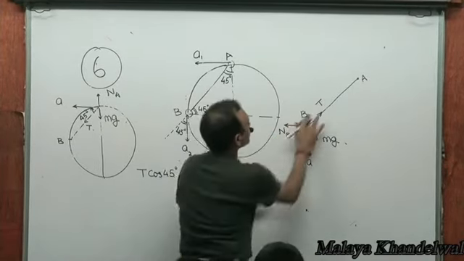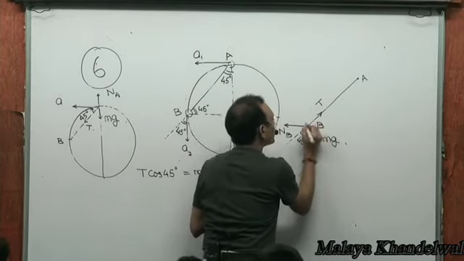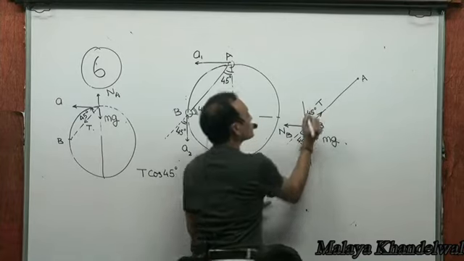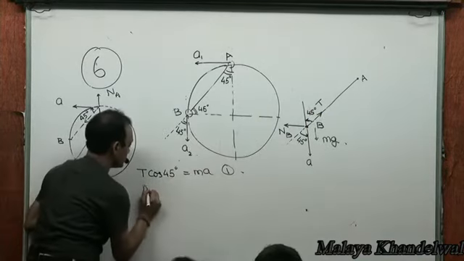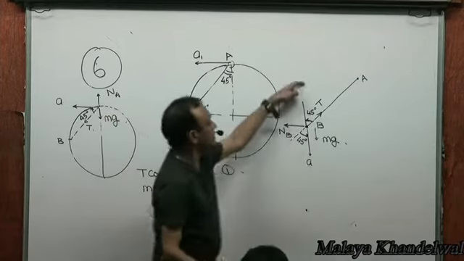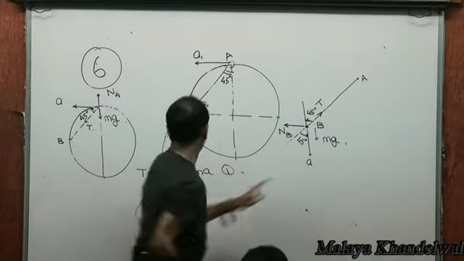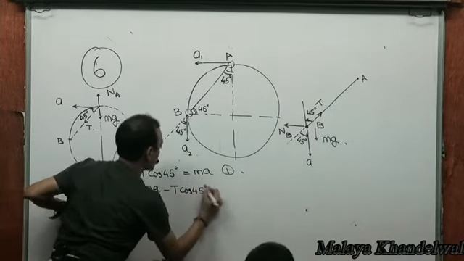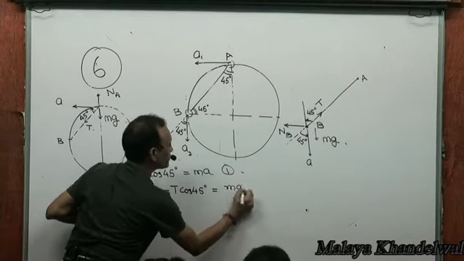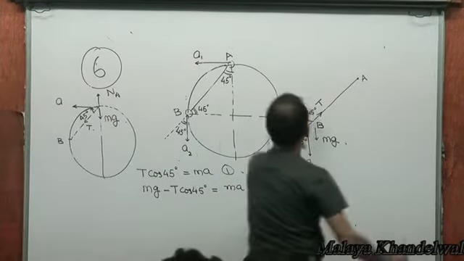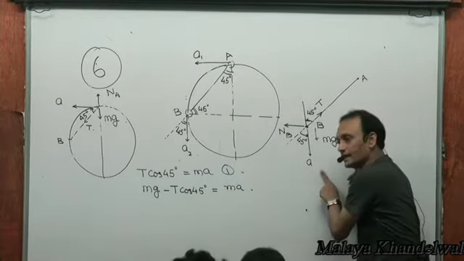So then there is this angle 45 degrees. So can I say mg minus T cos 45 degrees must be m into a?